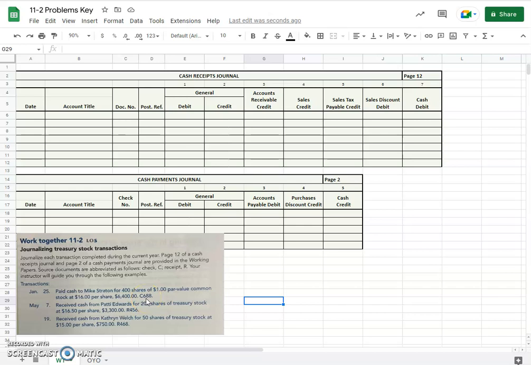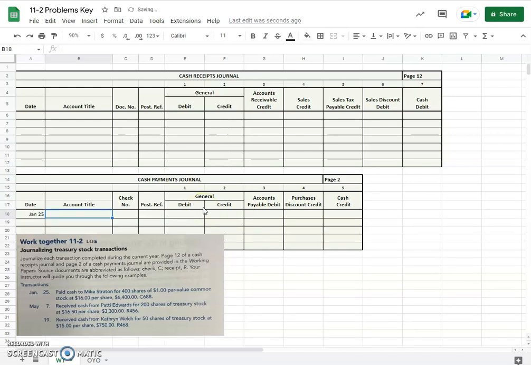So if we paid cash, we will assume it's going to go in the cash payments journal on January 25th. And this is for treasury stock, right? We sold this stock at one point in time, and now we are buying our stock back from Mike Stratton.